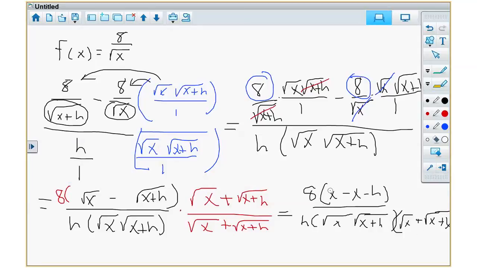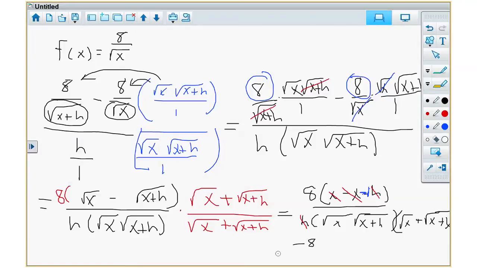Now, what happens to the x's? They cancel. That one goes out there. And what happens to the h's? The h cancels with this h, but there's still a negative what there? There's still a negative 1 right here. So that negative 1 with that 8 comes out to be negative 8 on top.